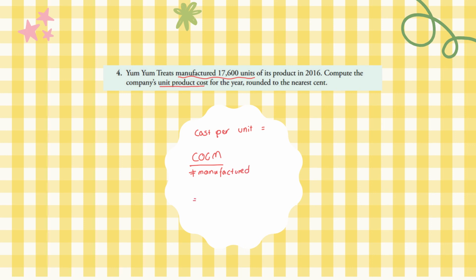Okay, so cost of goods manufactured from requirement number 1, it was $68,000 divided by 17,600 units. It's gonna be $3.86 per unit.